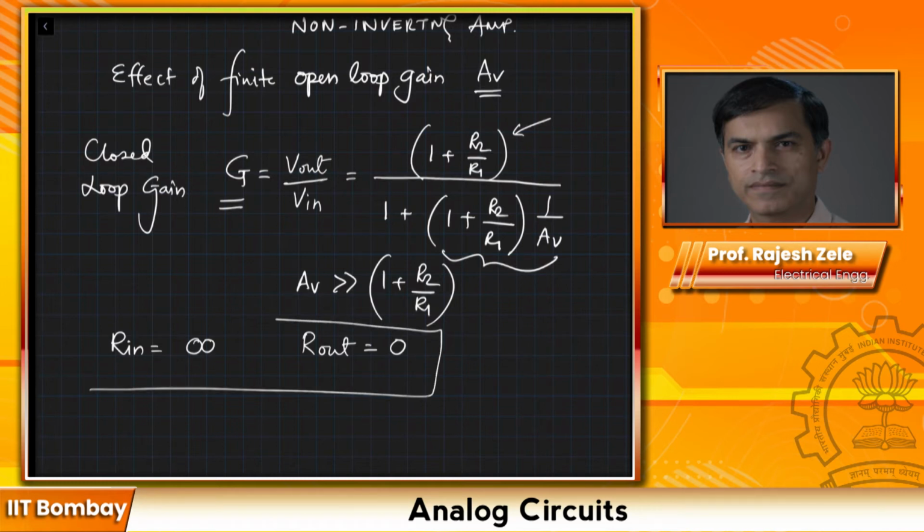As you can see, this is very much desired, and this is what we always like: input resistance should be infinite and output resistance should be 0, so that there is no effect of loading due to this particular operational amplifier circuit. So keep that in mind.